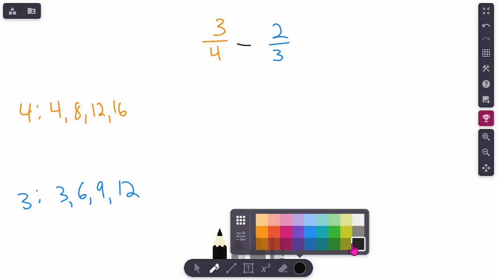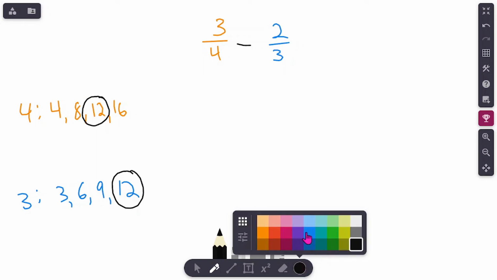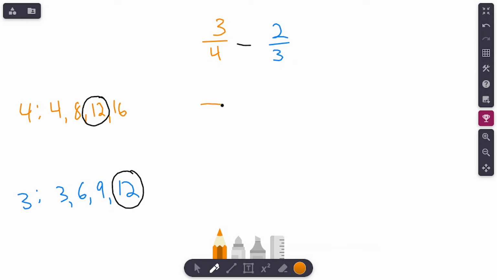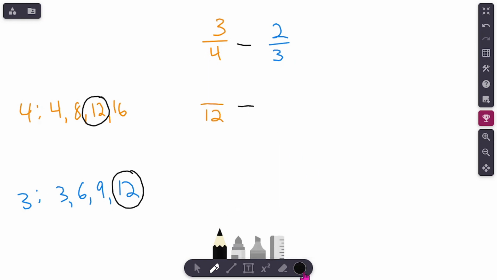Do they have a number in common? I'm not going to mark them out this time because you're probably getting to the point where you can see it. They both don't have a 4, they both don't have an 8, but they both have 12 in common. So that is our least common denominator, 12. So both of these fractions are going to have denominators of 12.